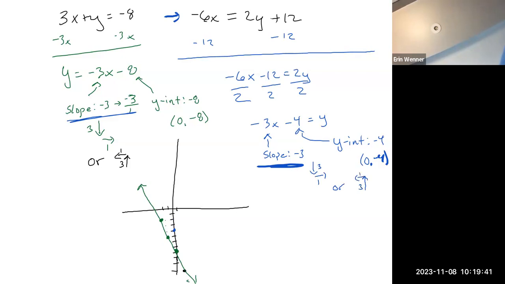Both of those are going to give us the same slope. So I can go down 3 and right 1, or I can go up 3 and left 1. And yes, I know my graph is really rough, but we can see that these are parallel lines.